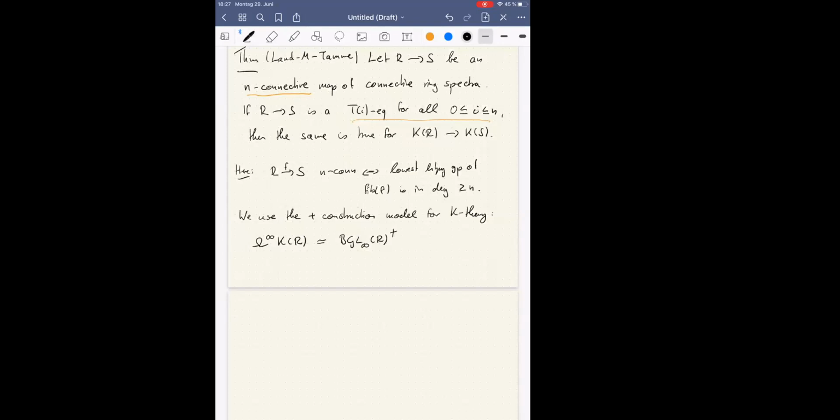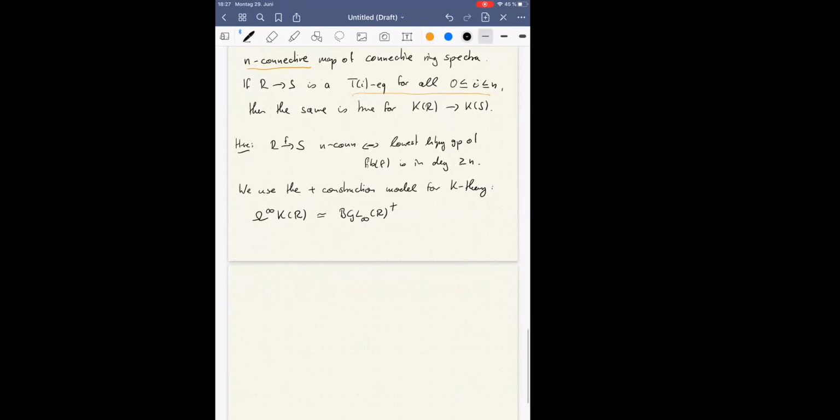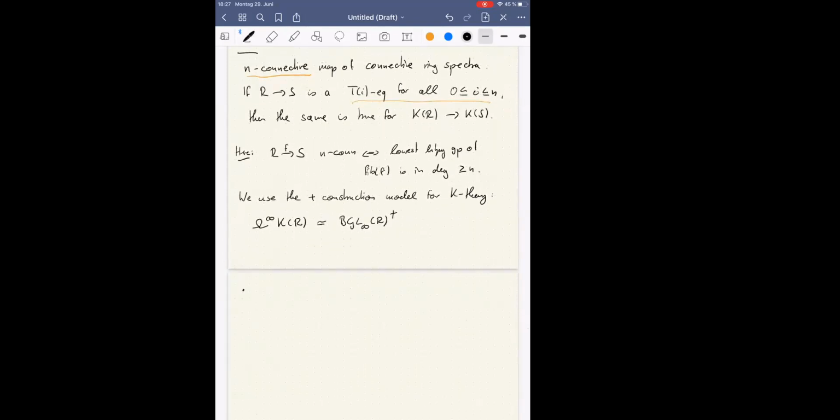So the steps are as follows. With assumptions as in the theorem, BGL infinity R to BGL infinity S is a T0 up to Tn equivalence.